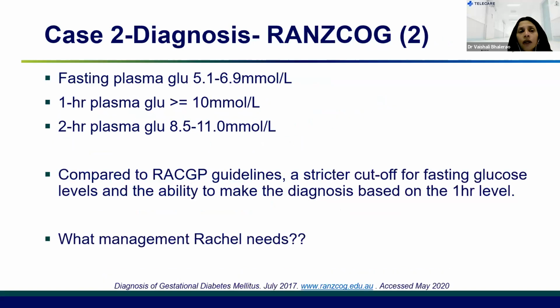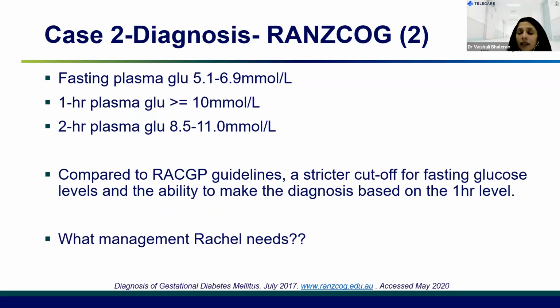The RANZCOG diagnosis criteria is fasting plasma glucose between 5.1 to 6.9, 1 hour glucose more than or equal to 10, and 2 hour plasma glucose 8.5 to 11. So compared to RSCGP guidelines, RANZCOG has a stricter cutoff for fasting glucose levels and the ability to make the diagnosis based on the 1 hour level.